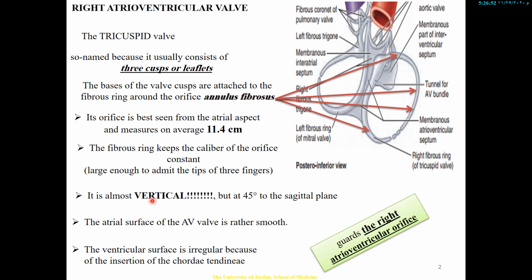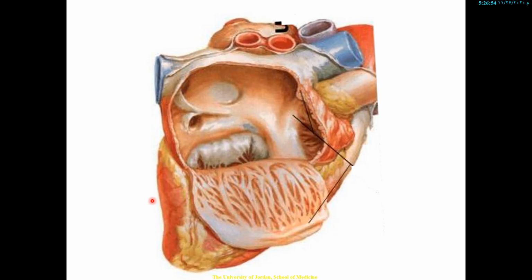What does this mean, vertical? Now, if you look at this picture here, the heart is not in the anatomical position. It's rather like the apex is completely down and the base is completely superior. I did that on purpose.